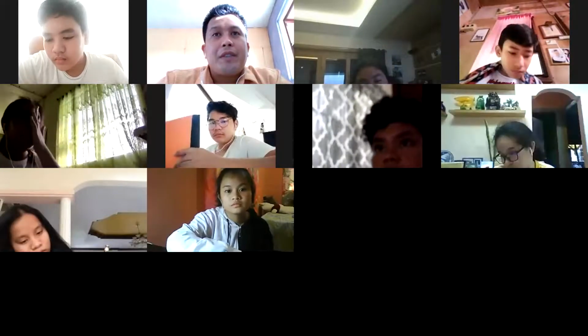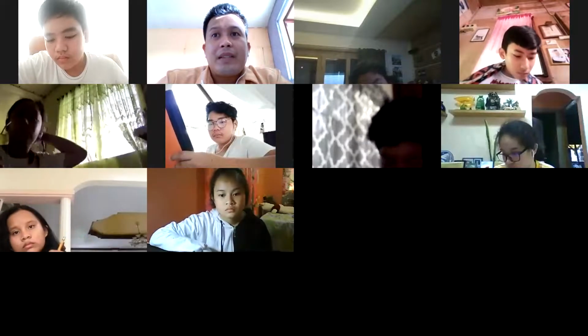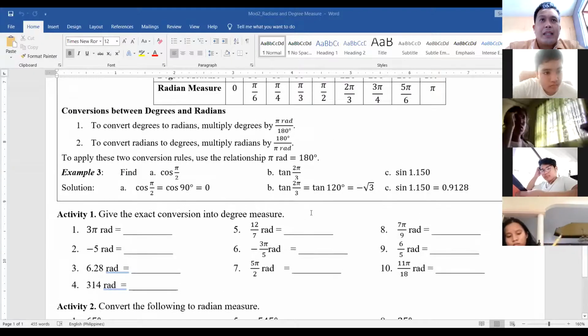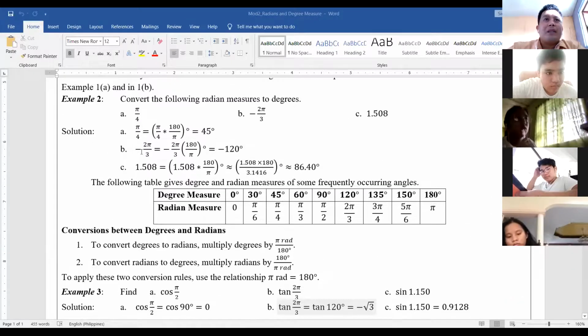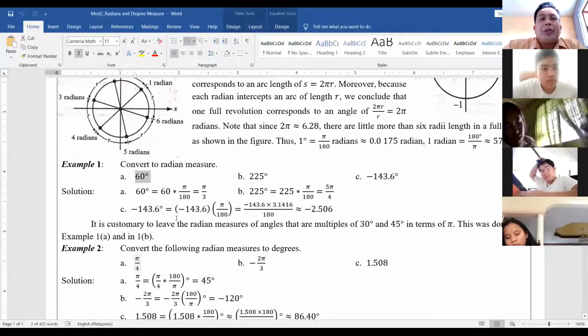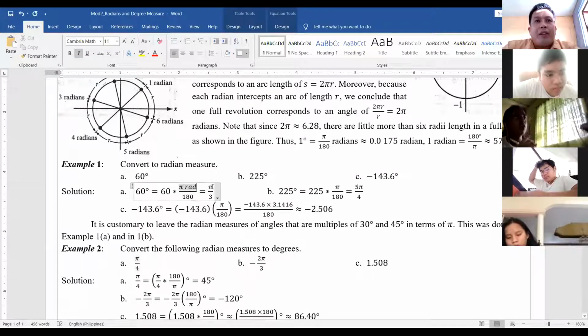Let me make use of your module as an example so that we go directly to note taking. We have here an example: convert 60 degrees to radian measure. It's just that here we did not have the word rad, but it's always present in the solution, class.